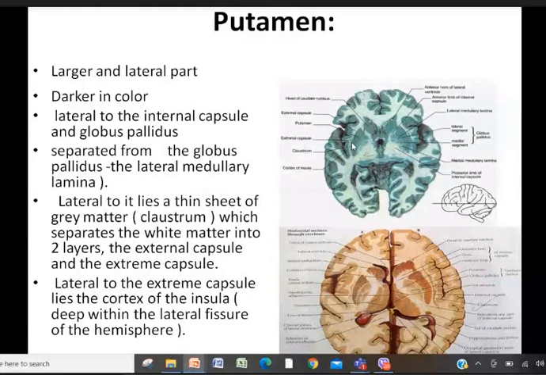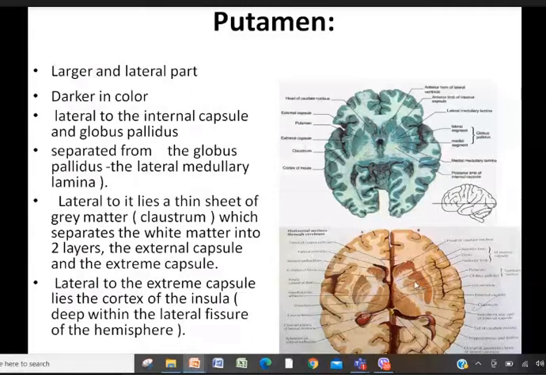So look at this picture. This claustrum is here. It divides this white matter into the external capsule and the extreme capsule. So the claustrum lies between the extreme capsule and the external capsule. Okay? So from medial to lateral, please go like this. From medial, this is the thalamus. This is the internal capsule. This is the globus pallidus, outer segment, inner segment.